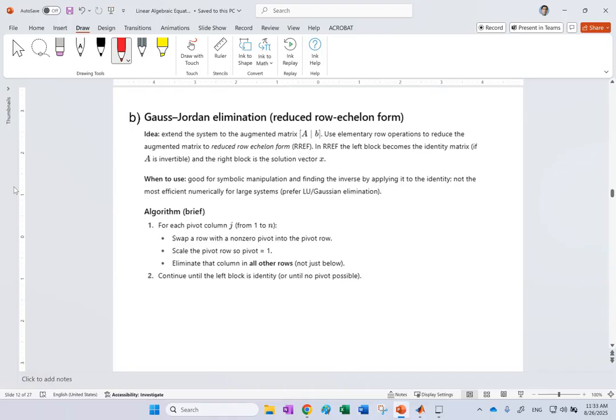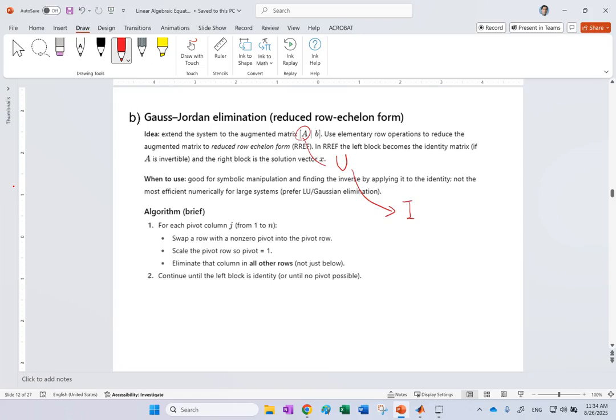Now, what about Gauss-Jordan elimination? The first part of it is just like the Gaussian elimination, but instead of converting A into an upper triangular matrix like U, you convert this A further to an identity matrix.